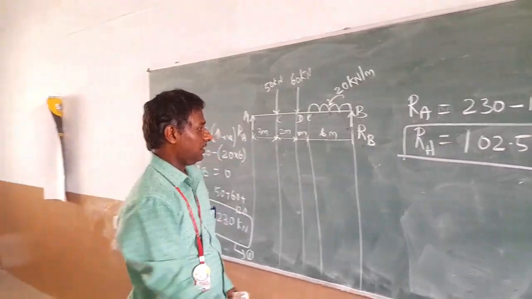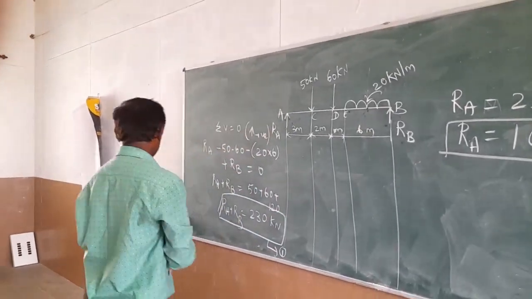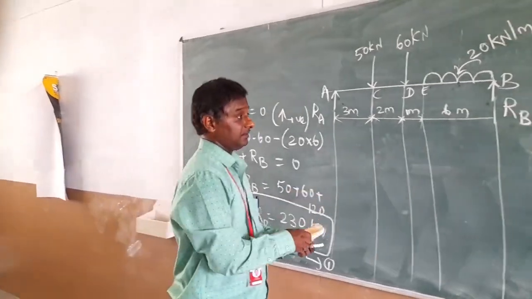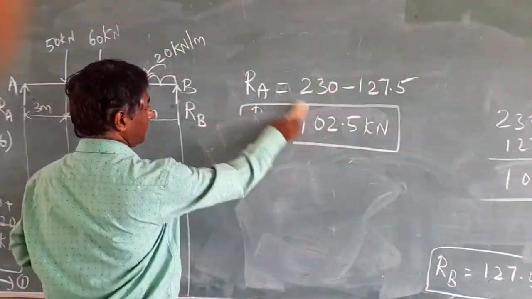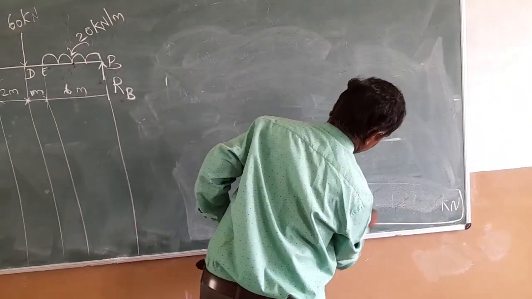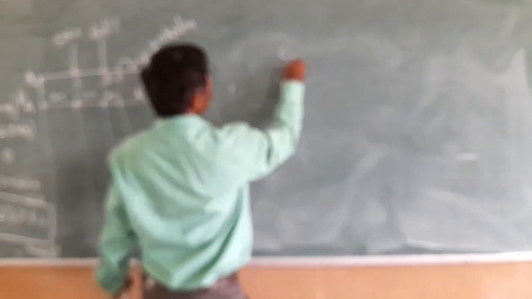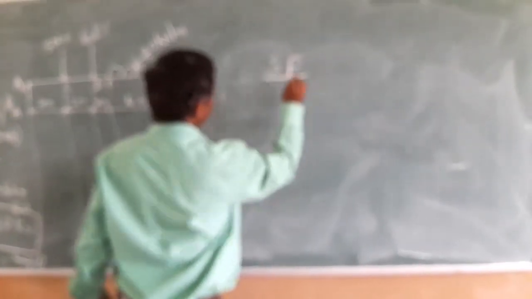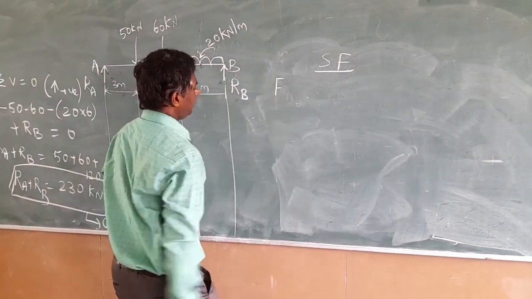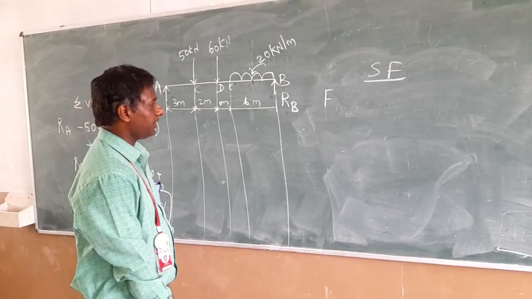Now let's move on to finding the shear force values. Okay, how to find shear force values? Shear force, I just write as F, and at a particular point, at B point, on each and every point I am going to find.